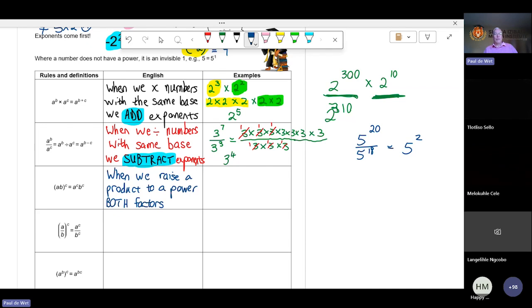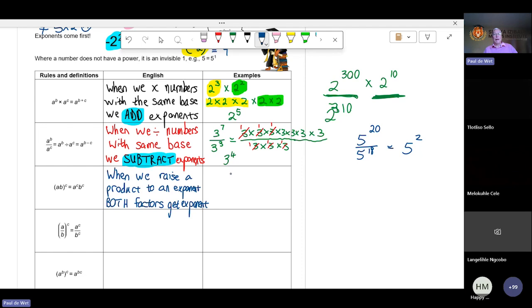I've used the word power here, and I'm going to change it to exponent. So when we raise a product to an exponent, both factors get the exponent.